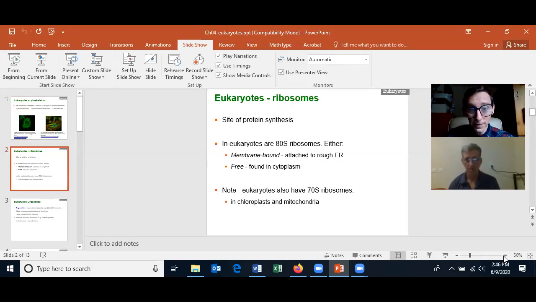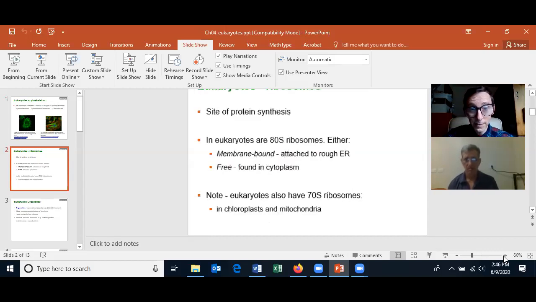Eukaryotes have ribosomes, as do prokaryotes. The difference is that the ribosomes are larger in eukaryotes. They're 80S in size. They're the site of protein synthesis. They can be membrane bound or free. And in prokaryotic cells, most of the ribosomes are free ribosomes.